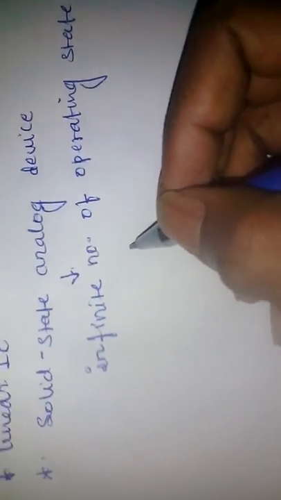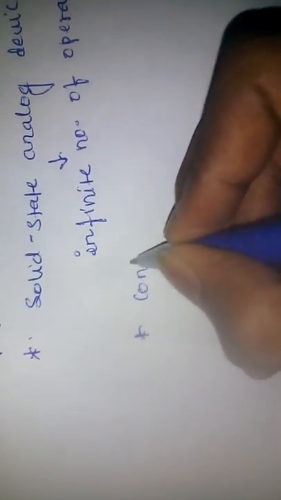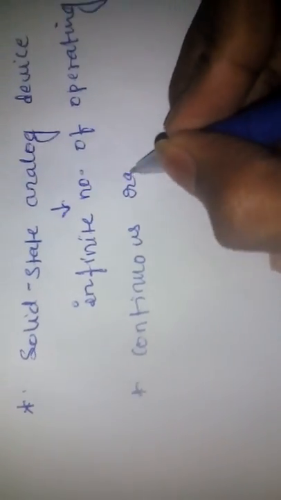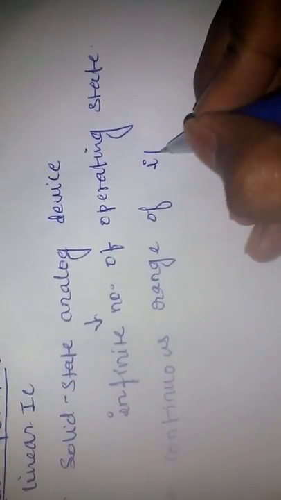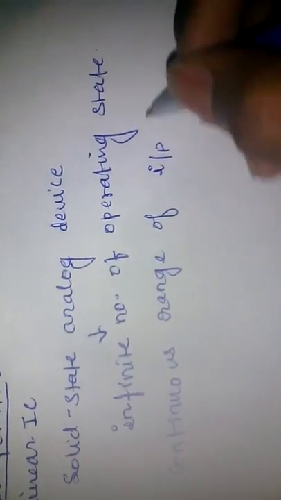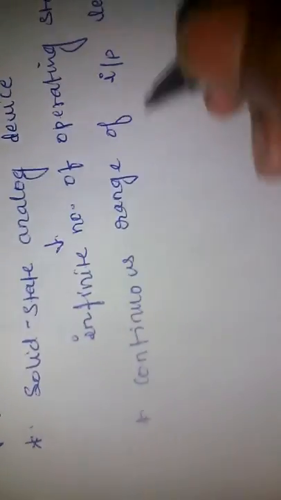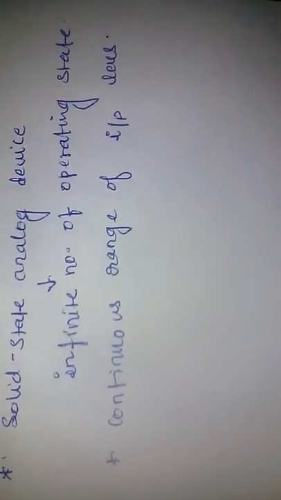It means we can give an infinite number of inputs, a continuous range of input levels. We are saying this is linear because of this linear property, we can give a continuous range of input levels.